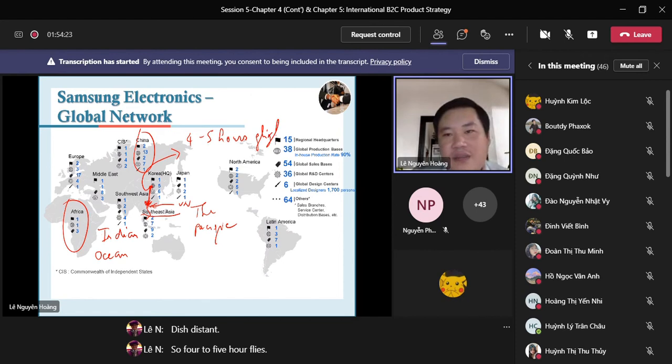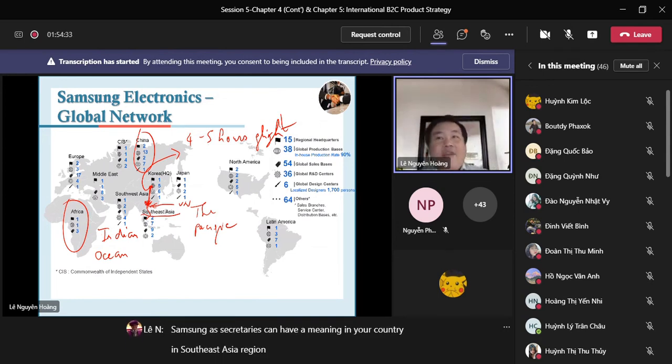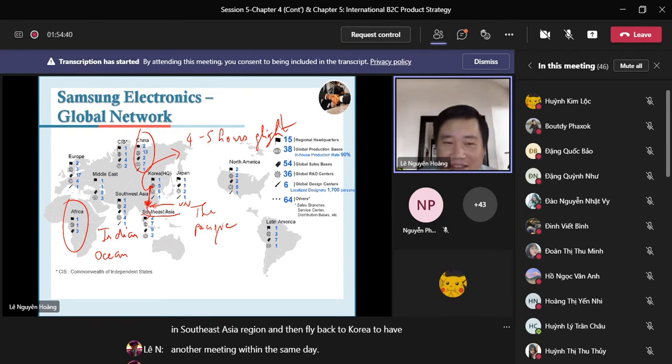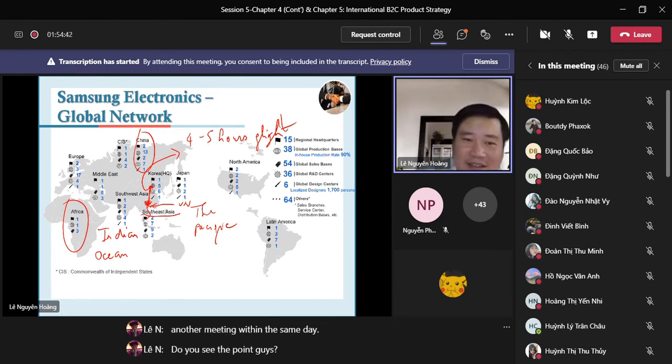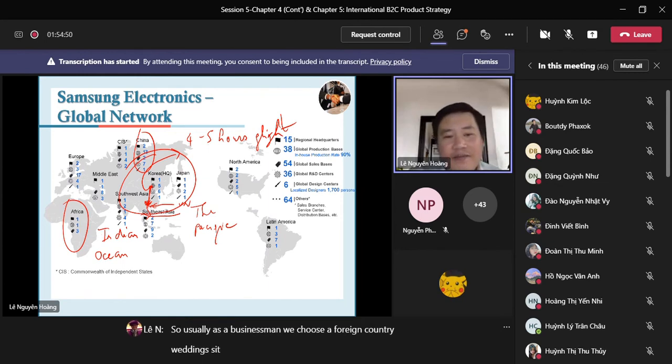So what does this mean? This means that Samsung executives can have a meeting in a country in the Southeast Asia region and then fly back to Korea to have another meeting within the same day. Do you see the point, guys? So usually as a businessman, we choose a foreign country within a 6-hour flight.